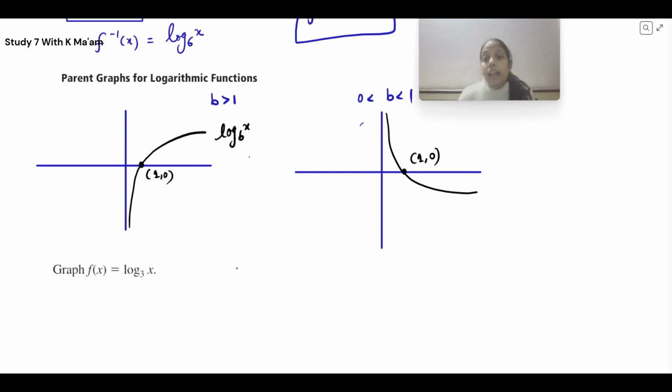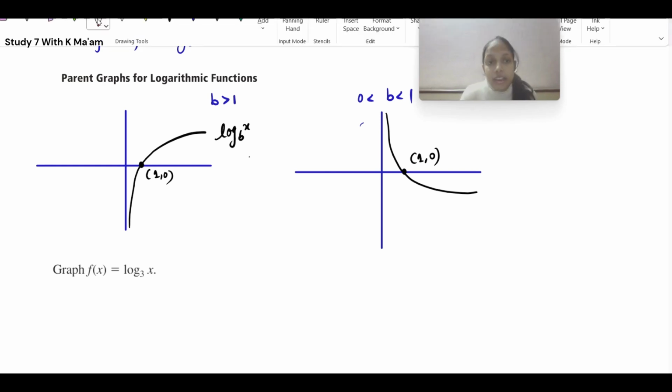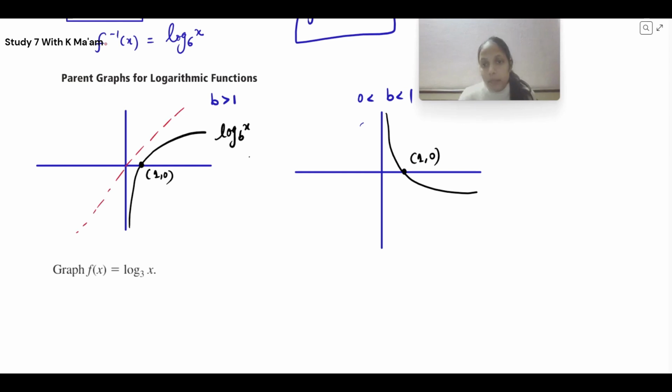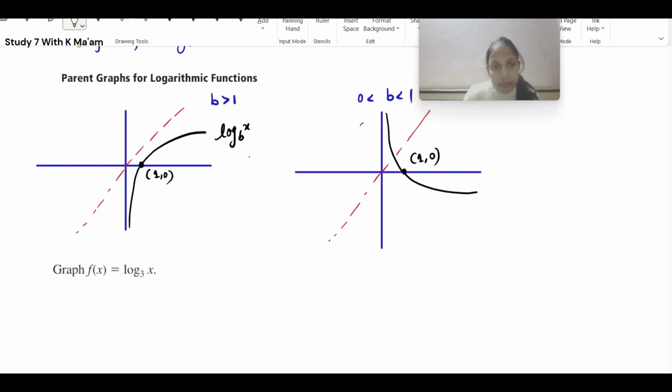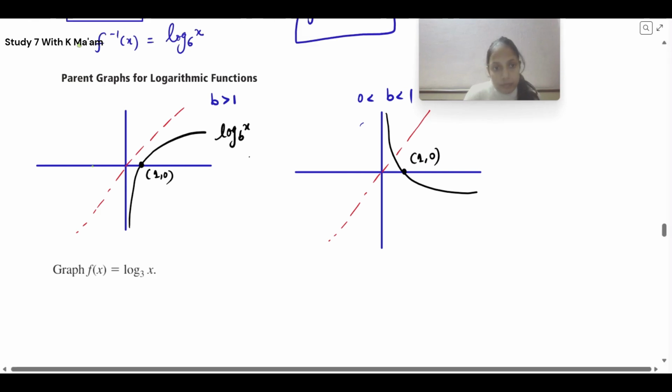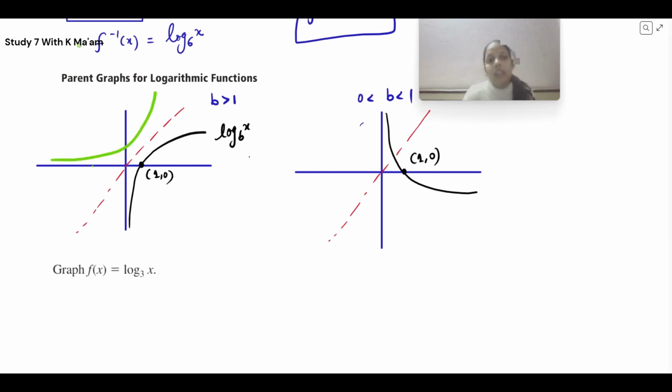Okay. And how does the inverse graph look? The inverse graph is the mirror image of this, a mirror image about this line. See? The mirror image will look like this. This is how the mirror image looks.